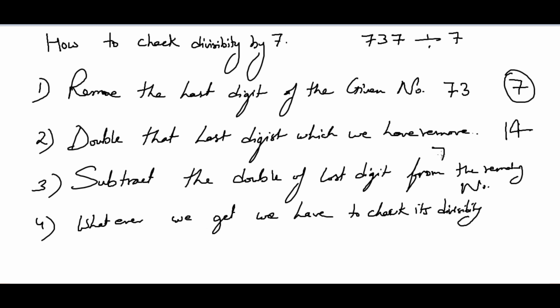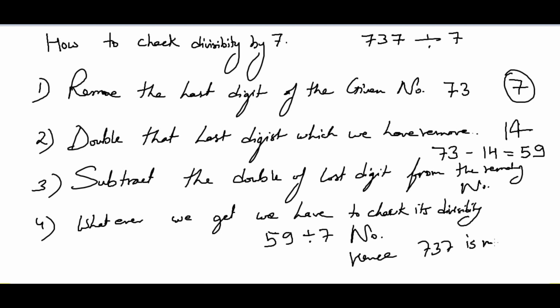The remaining number was 73 and I have to subtract 14 from it, which gives 59. So we have to check now whether 59 is divisible by 7 or not. No. So hence we can say 737 is not divisible by 7.